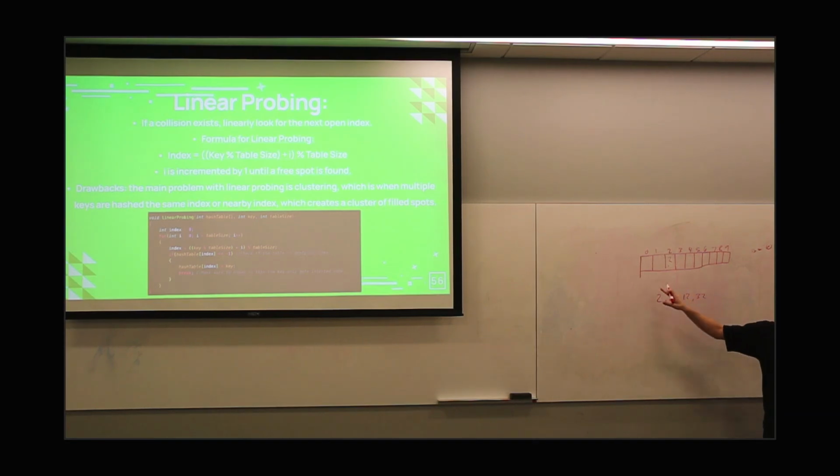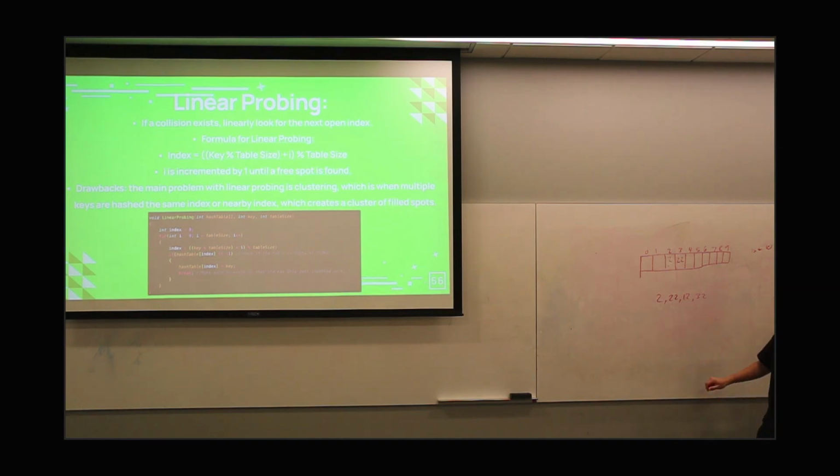Therefore, if we look at the code, we go again, but this time we increment i by 1, right? So now our i is 1 instead of 0. So it's going to be 22 modulo 10, which is 2, and you add 1. So that index is going to be 3, right? So now 22 is going to go right here at 3.